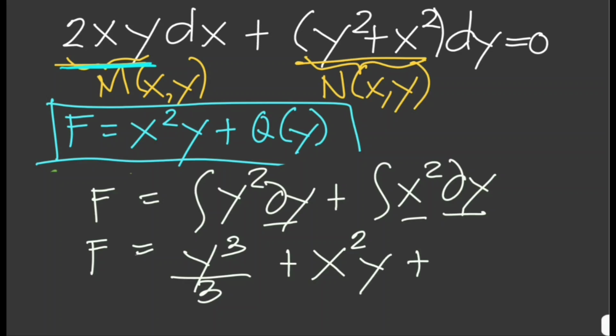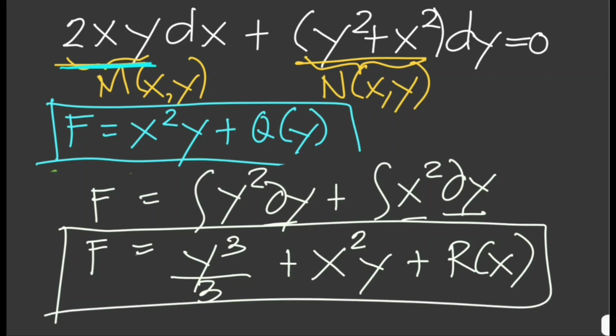We can either use c2 of x, because in this case we are integrating with respect to y, so we use x, or we can use r of x. So this is now our second solution. Now to solve for the final solution, we just have to equate the two f's here.